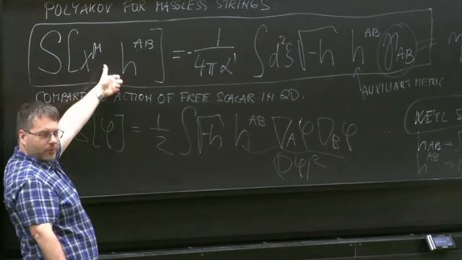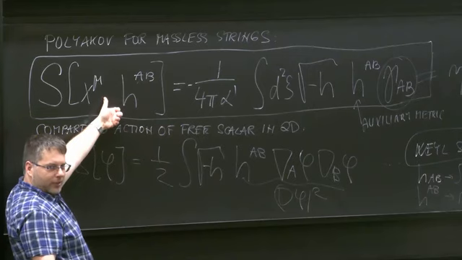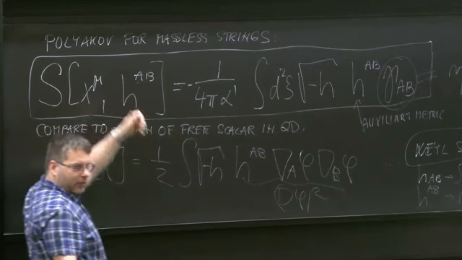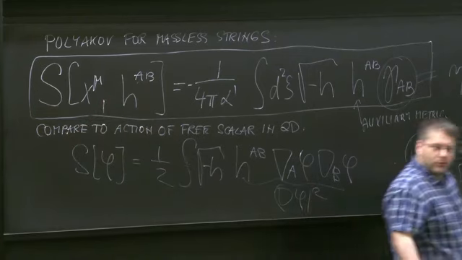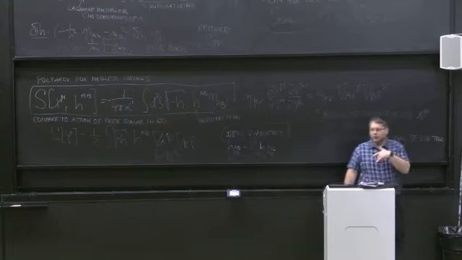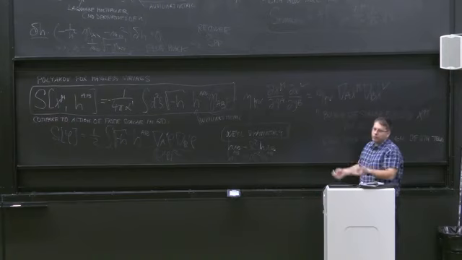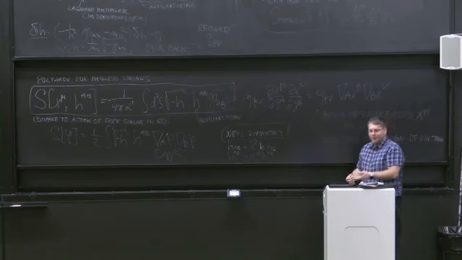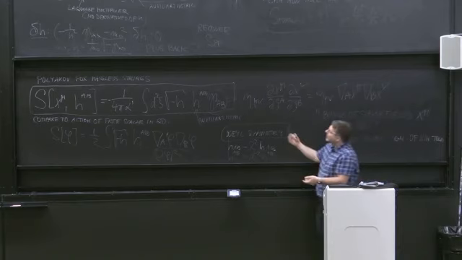If I vary with respect to h, I get something like an energy momentum tensor. The variation has to be equal to 0, so the corresponding energy momentum tensor will have to be 0. TAB will have to be 0. That's called the Virasoro constraint. So that will significantly limit the solutions, and that's what makes it non-trivial.